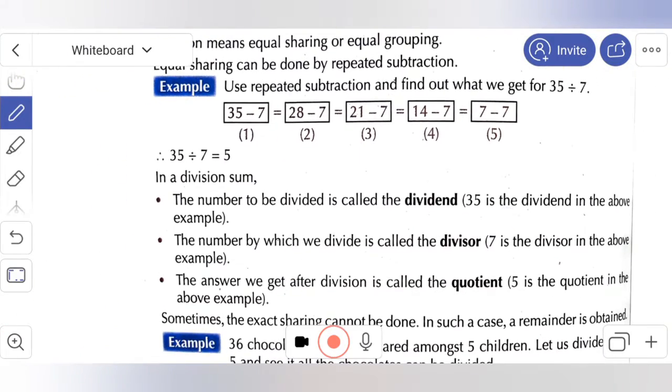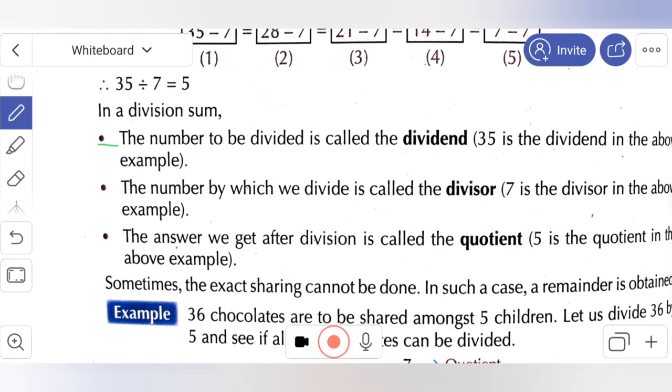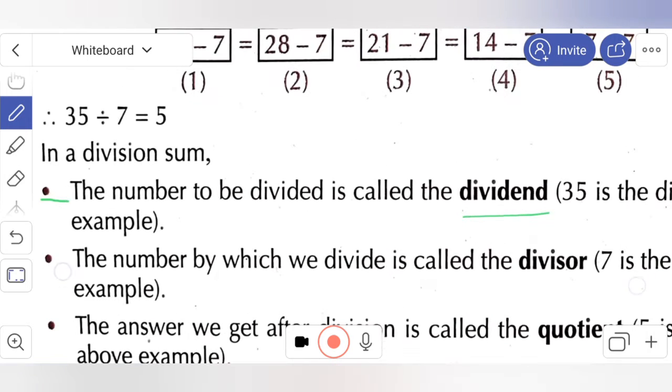Now in division, let's take an example of this one. We have got dividend. The number which is to be divided is called dividend. In our example we have got 10, which we have to divide, right? 10 divide 2.